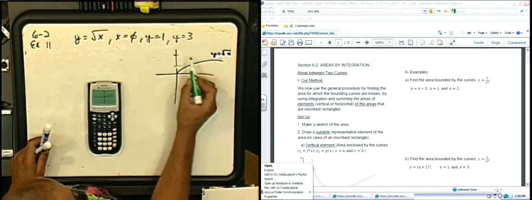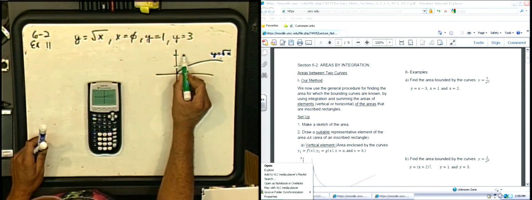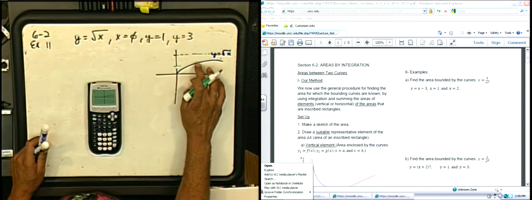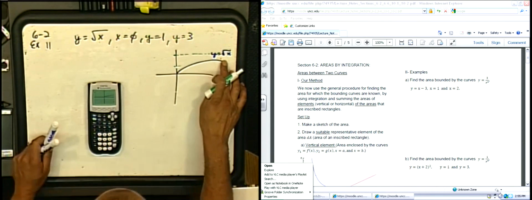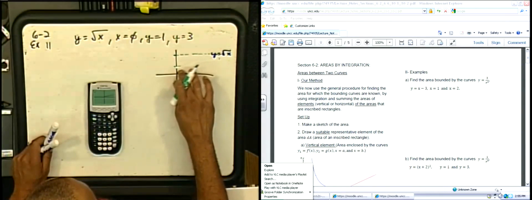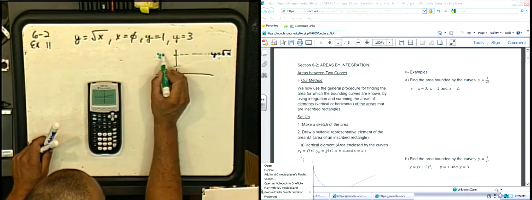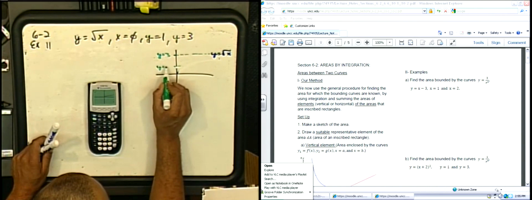So the problem I'm having is that I didn't draw the curve in between those boundaries. So I'm gonna find out where this is y equals 3, this is y equals 1.